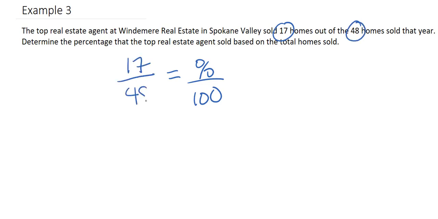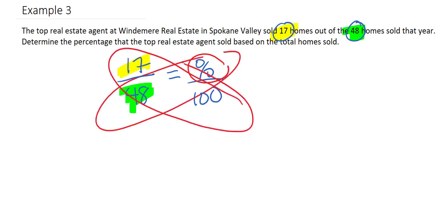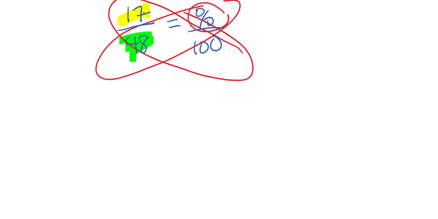So we have 17 over 48. This is the part, this is the whole. This could be considered the is, and this is considered the of, but it just doesn't have that wording. But it's the same concept. And what we're looking for is this percentage. Let's start calculating.